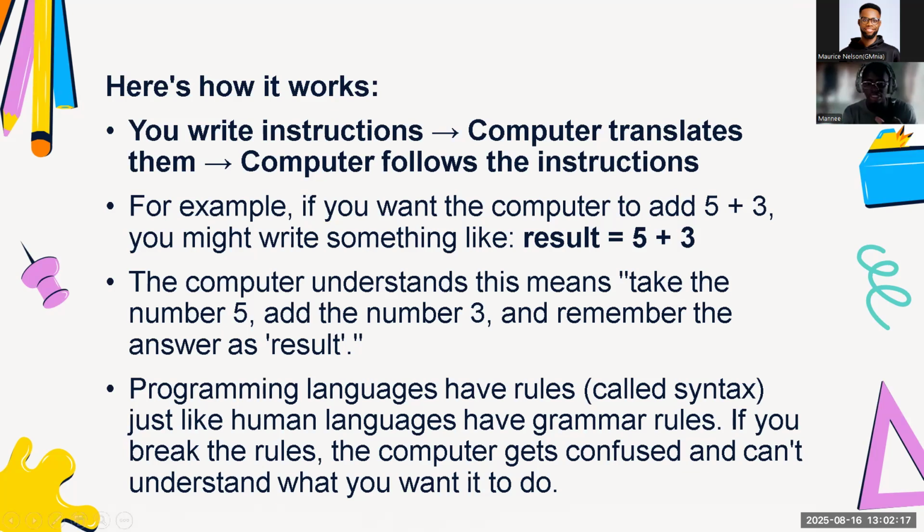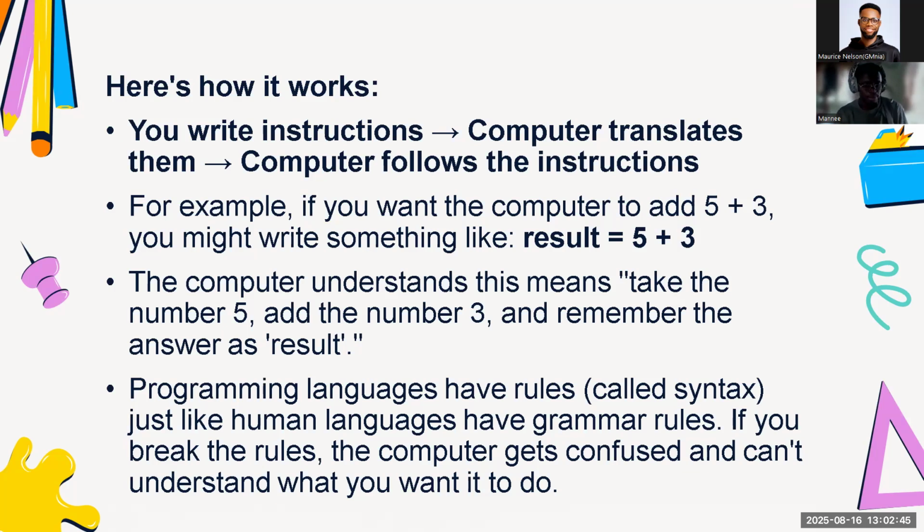So programming languages have rules, what you might call syntax, just like human languages have grammar rules. If you break the rules, the computer gets confused and cannot understand what you want to do. So these rules, which are also known as syntax, give structure and form to each language.